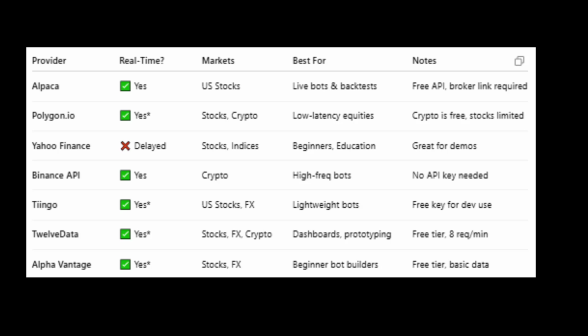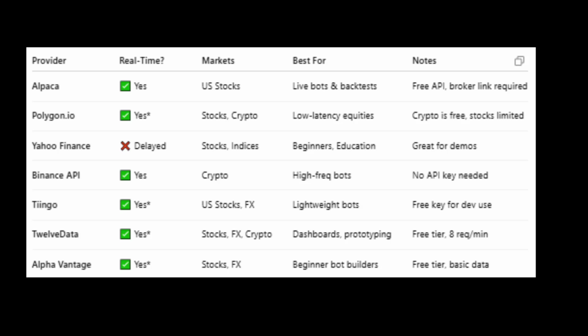Where it says yes with an asterisk, I've done that deliberately because there are caveats involved in the data that you get. For example, some are real time for crypto or have rate limits and free tier restrictions, but they're on there because I think they're pretty good for you.